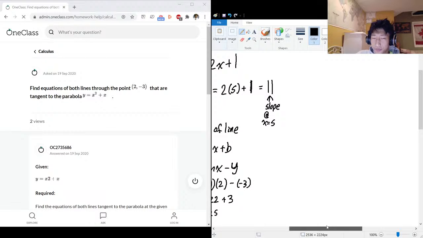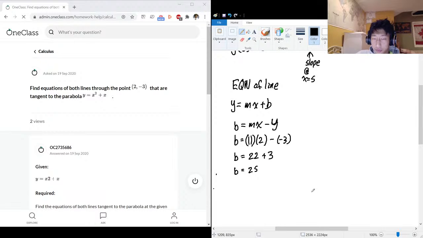Okay, so the equation of this line would be y equals 11x.